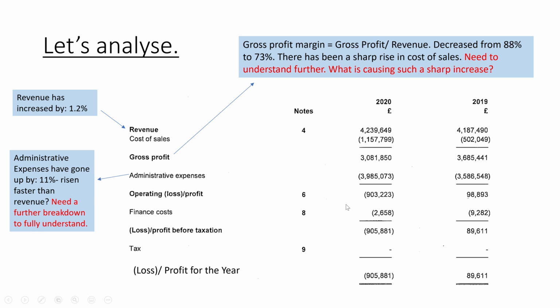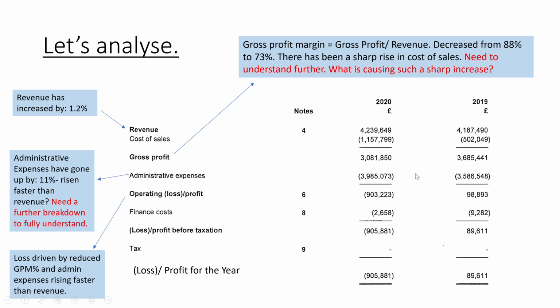Any other points? Well, we're making an operating loss of 903k, but last year we were making an operating profit. So the operating loss, as we discussed before, is driven by a reduced gross profit margin. Do you see that cost of sales more than doubled, I think?